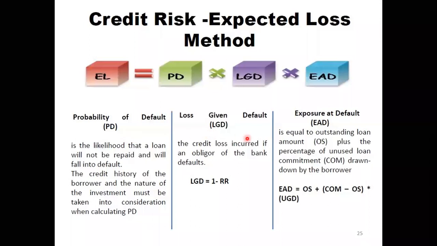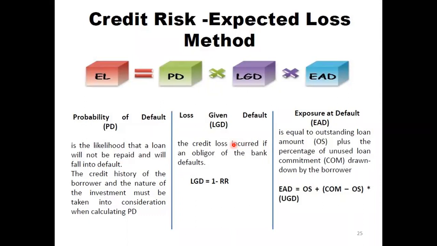And loss given default is the credit loss incurred if an obligor of the bank defaults. So if a particular customer has taken a 100 million loan, he may lose part of it, for example the loss given default equals 1 million.